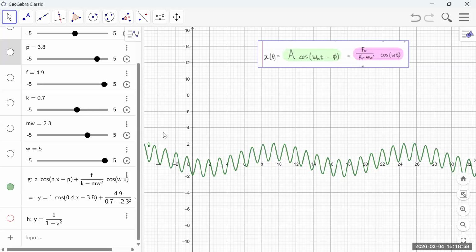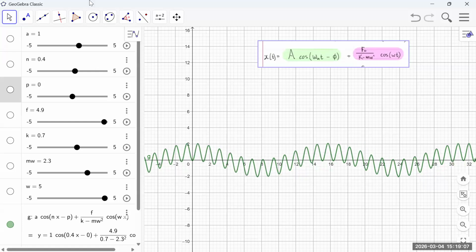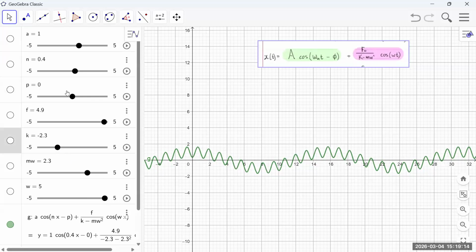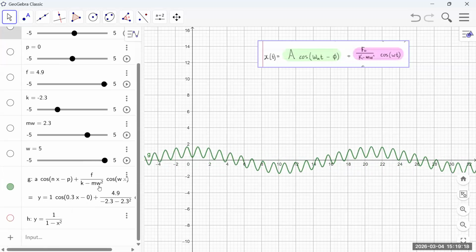And then what I want to show you is that basic curve. Let's just make that P still 0. So there's that cos graph, as you can see. And then I can play with this and see what happens. Now, here's that omega.